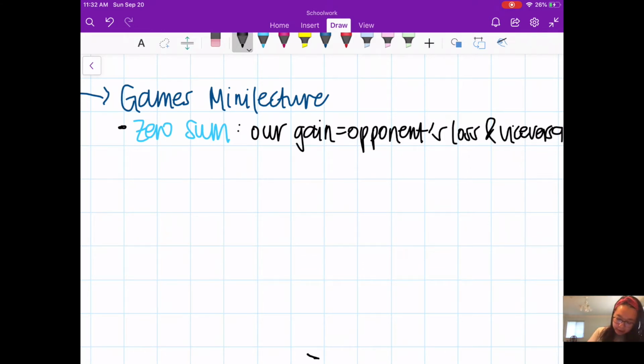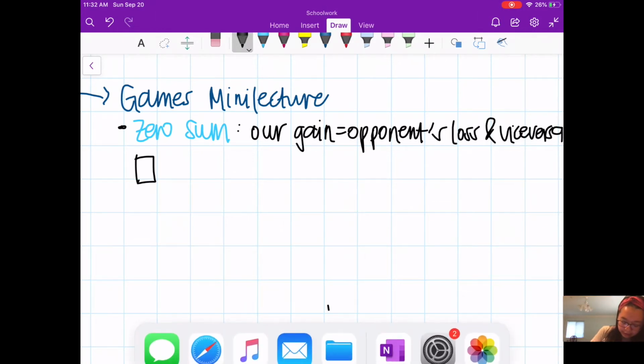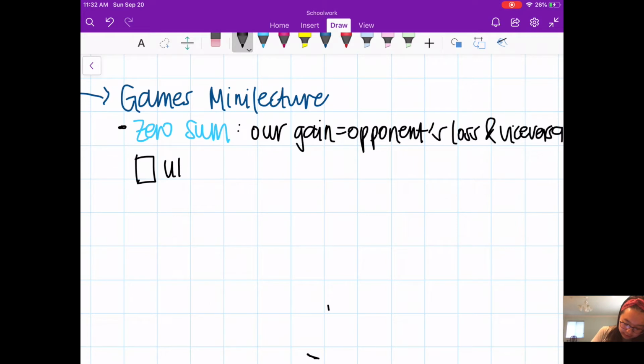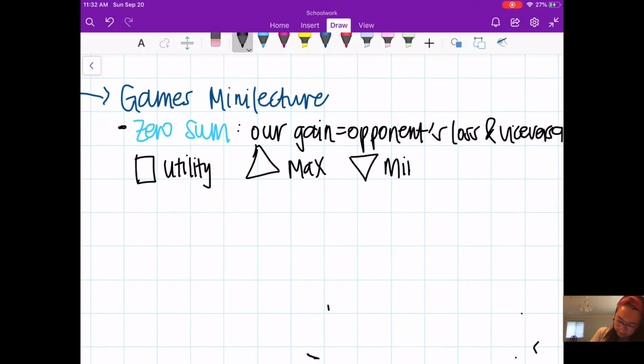Within game trees, you can have different types of nodes. Usually a square node is a leaf node, and this is just going to be a utility node. An upward facing triangle is the max node, and downward facing is min. A circle is what we call a chance node.